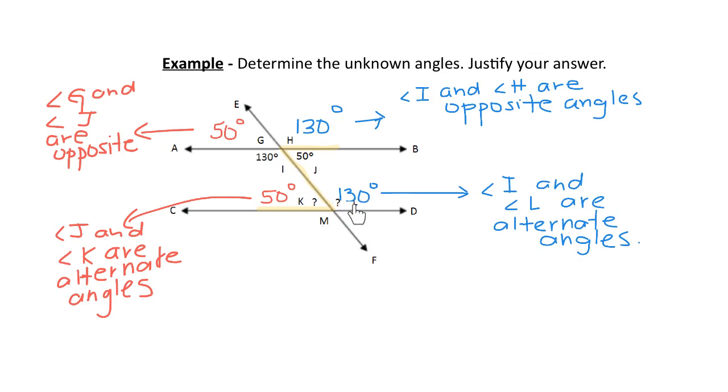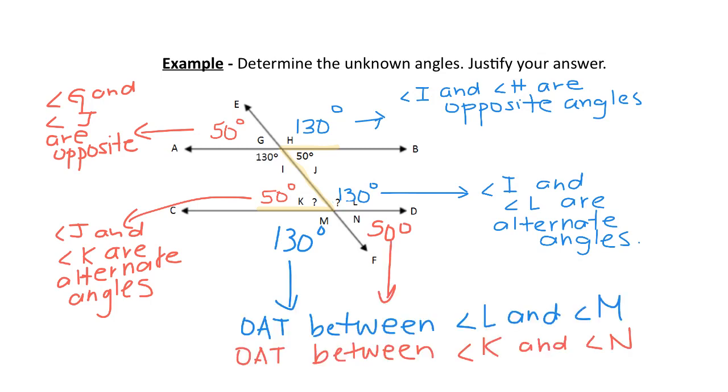So if angle L is 130, that means angle M is also going to be 130 degrees. And same goes for angle N. If angle K is 50 degrees, it is directly opposite to angle N. Opposite angles are equal, which tells me that angle N also has to be 50 degrees.